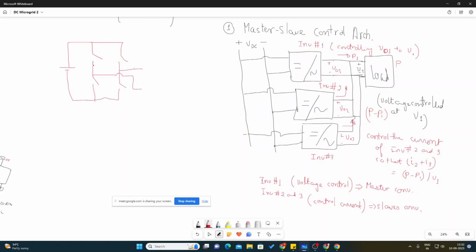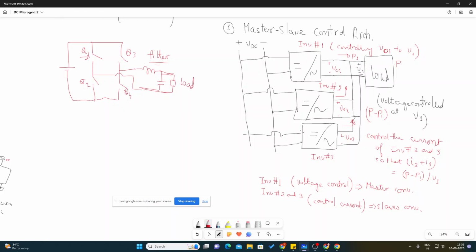Now how do they operate? Let's name these Q1, Q2, Q3, Q4. Then we have the tank circuit, then a filter circuit, and then we have the load. Now Q1 and Q2 cannot turn on or turn off at the same time.